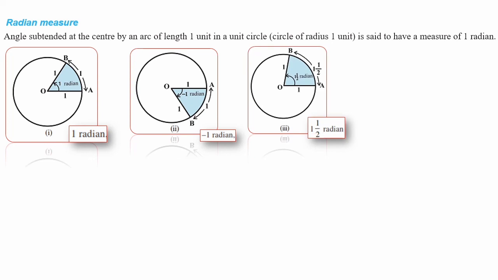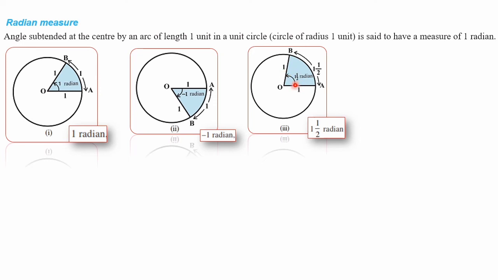Next is 1 by half radian. 1 by half radian means only we need to change the arc length, 1 by half means 1.5 unit length of an arc is subtending a particular angle in a unit circle. Unit circle means having radius 1 unit. Then we can say that the angle measurement is 1.5 radian.